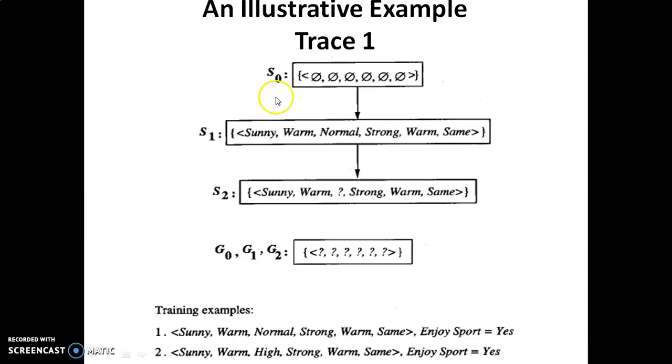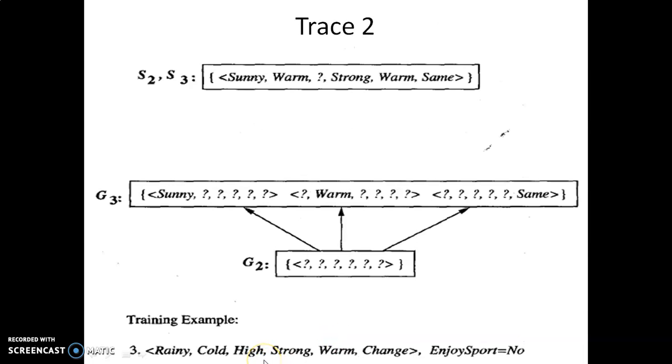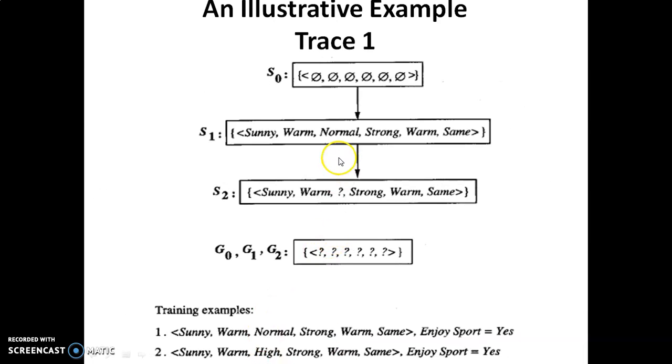Now coming back to the specific hypothesis, we have to consider S1. S1 is compared with this example 2. Sunny is the same here, warm is the same. Here we have normal, but here we have high. So we say that it is inconsistent.